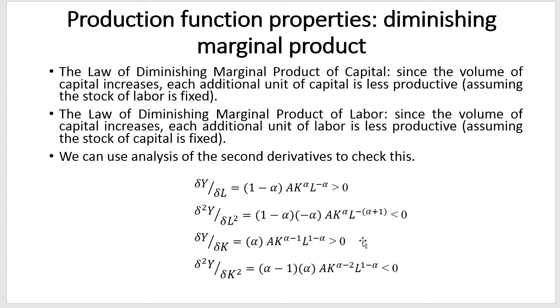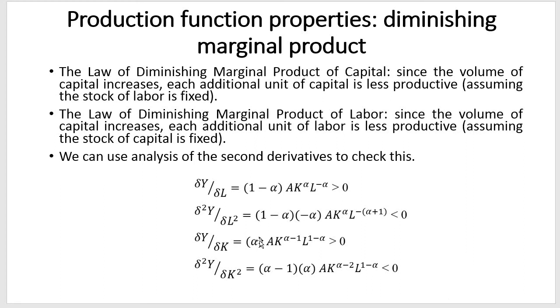In both cases, they are positive, because 1 minus alpha will take a positive value because alpha is always less than 1. Here you just have alpha. So basically, those values are positive, which implies that each time you increase the stock of labor and capital, even if the other input remains unchanged, output will increase anyway.